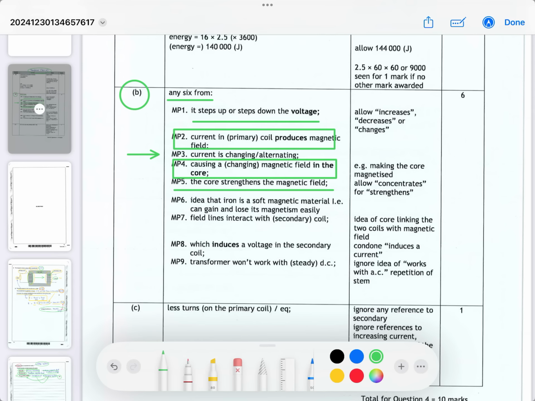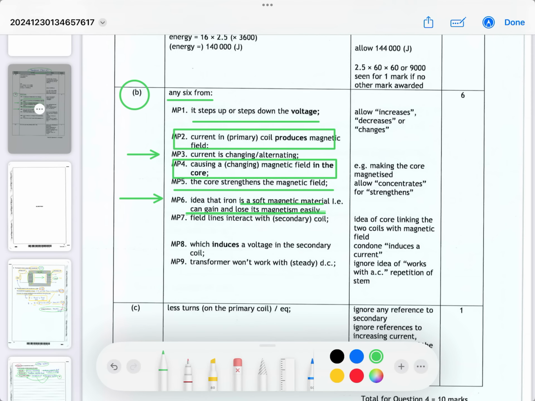So the idea is that iron works really well in electromagnetic situations, and a transformer is an electromagnetic application of this theory. And because it's a soft magnetic material, it can gain and lose its magnetism easily.